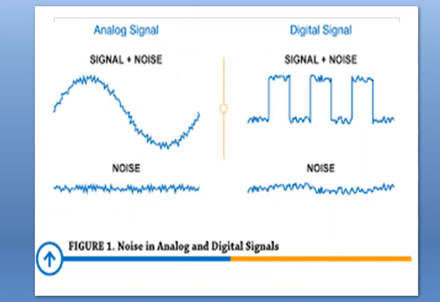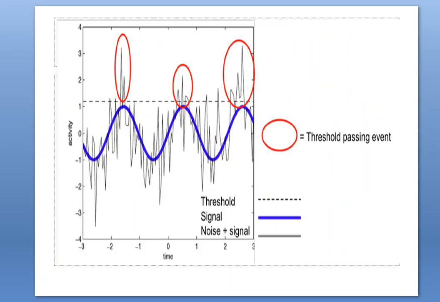In the shown figure, we observe the analog and digital representation of signals: analog signal plus noise and digital signal plus noise. The analog signal adds some noise disturbance and the digital signal adds some noise disturbance. See the variations. When noise occurs, every receiver may use some thresholding.